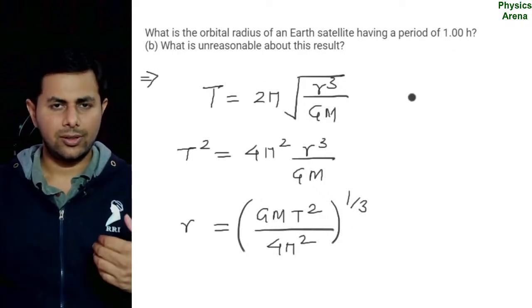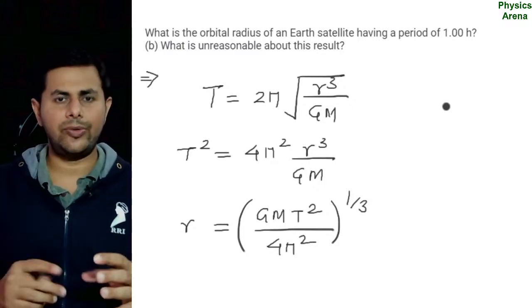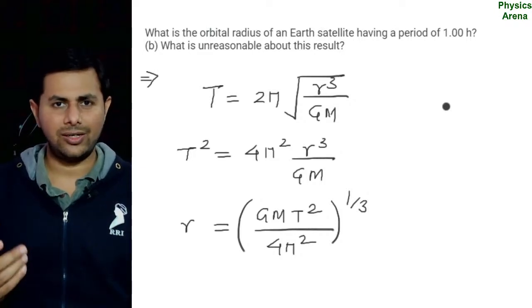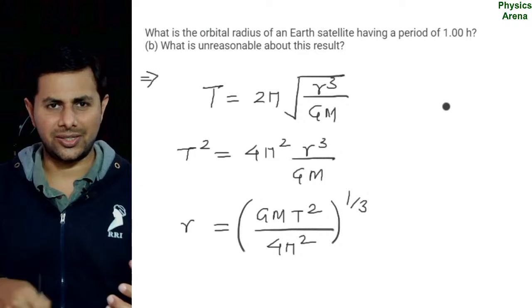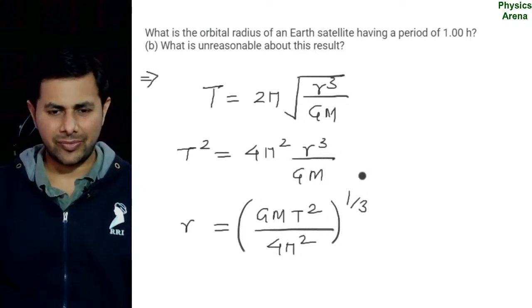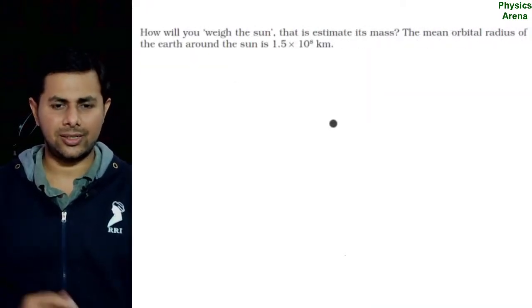So the unreasonable thing is that the radius of this orbit will be less than the radius of Earth, which cannot happen. Okay, a satellite cannot orbit inside the Earth. Okay, so that's the unreasonable thing. All right, so this one is simple.